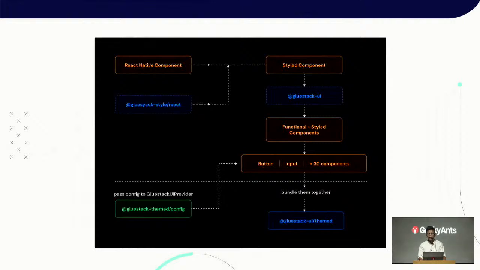After that, in gluestack UI, we take those components and we add accessibility, we add internal state management, and we add a lot of other props and properties that are required for each of those individual components. So gluestack UI is not just one library, it also comprises many different libraries. We have a creator function for each of these components: create button, create input, create modal, create avatar, you name it, it's there.